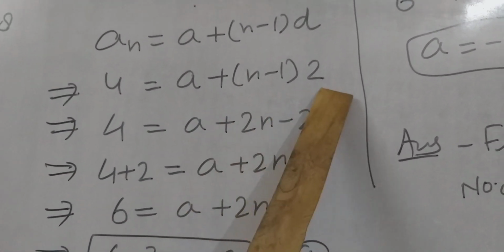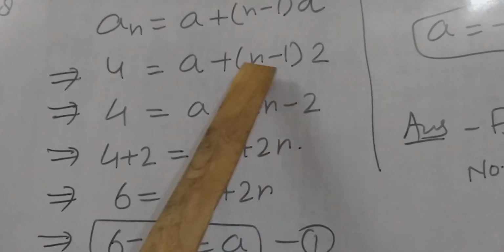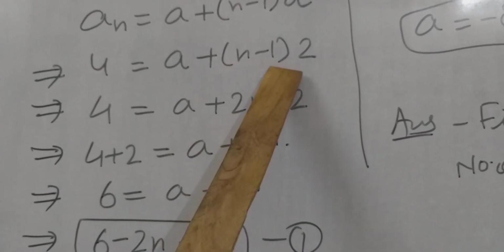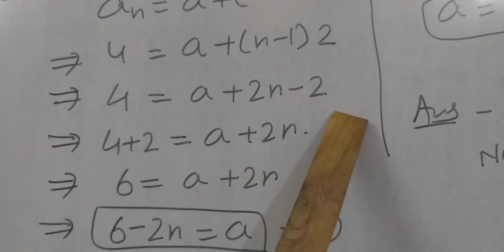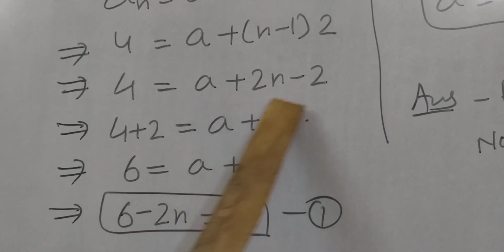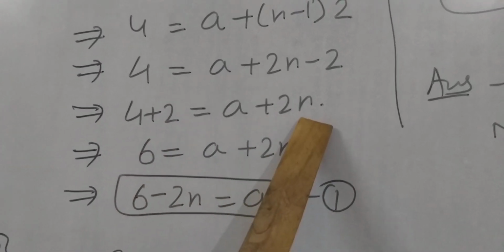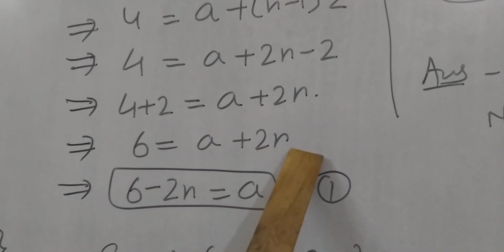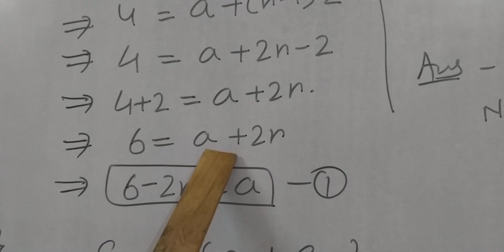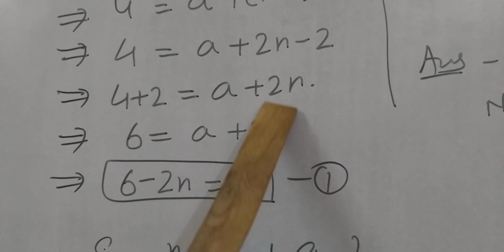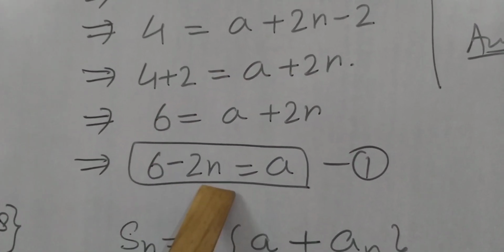First solve the bracket: 2 multiplied by n and 1 gives 2n minus 2. Now 2 will transfer to this side: 4 plus 2 equals a plus 2n. 6 equals a plus 2n. Now the 2n will transfer to this side: 6 minus 2n equals a.